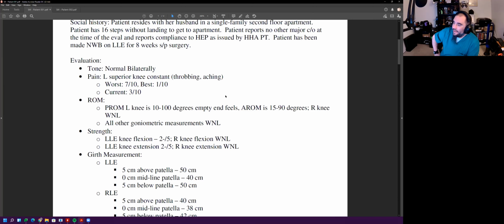Left knee extension and left knee flexion, 2- out of 5. What does 2- out of 5 mean for manual muscle testing? Partial, when gravity is removed. You're partially right. With 2-, right? Oh, 2-. Oh, no, you're right. Okay, I'm sorry, 2-. You're correct. Partial and gravity is removed. I thought this was 2+.